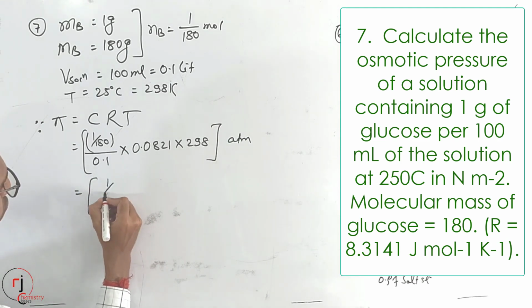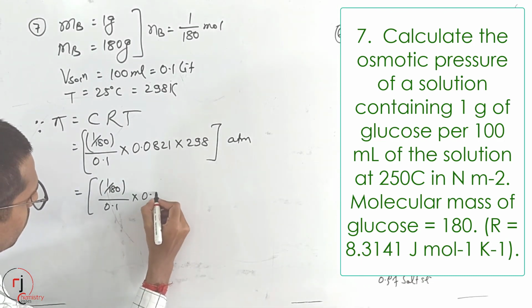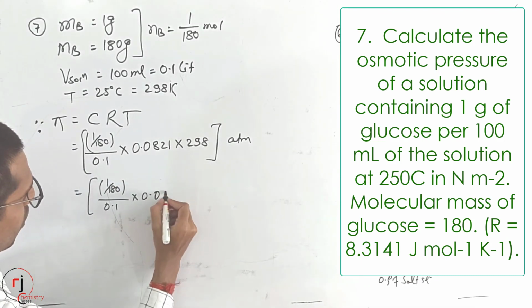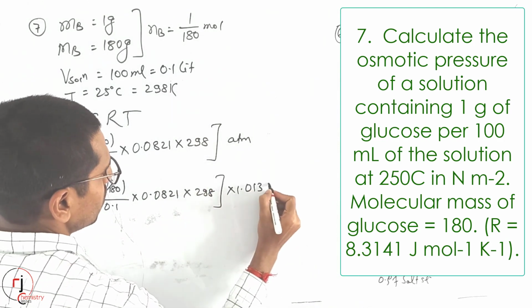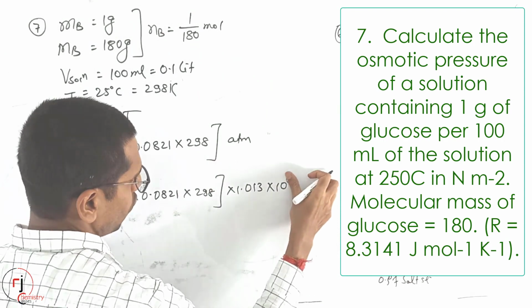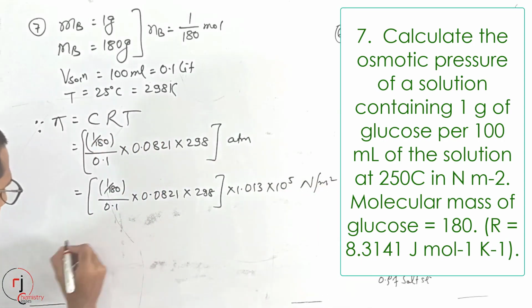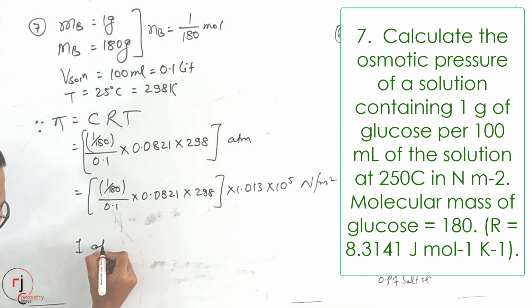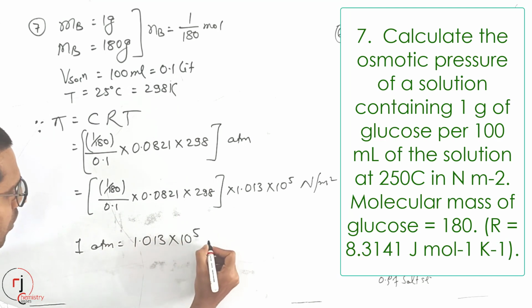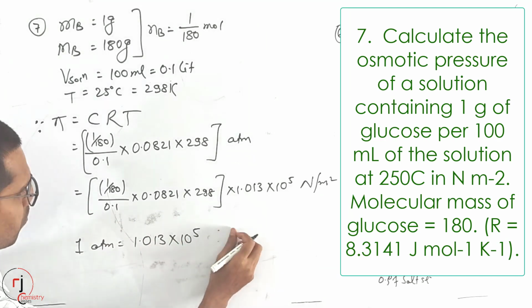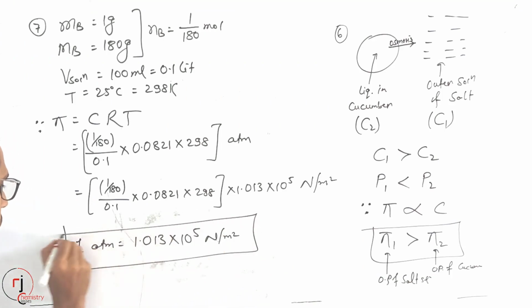So multiply all these terms, 1 by 180 divided by 0.1 into 0.0821 into 298, by 1.013 into 10 to the power 5, to obtain the osmotic pressure in Newton per meter square, because all of us know that 1 atm equals 1.013 into 10 to the power 5 Newton per meter square. That is also called Pascal. Okay, student.